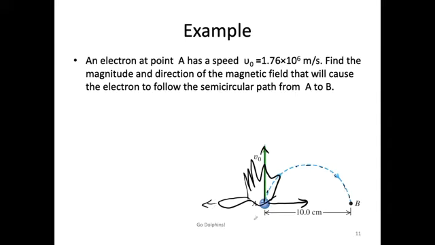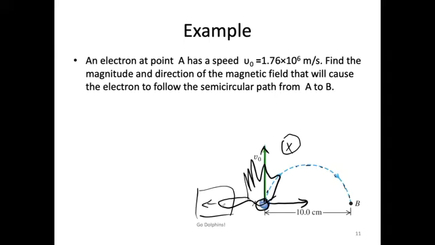So B is pointing into the screen. And why should my thumb point to the left? Because this is an electron, a negative charge, so the magnetic force would be in the opposite direction of my thumb obtained from the right-hand rule.